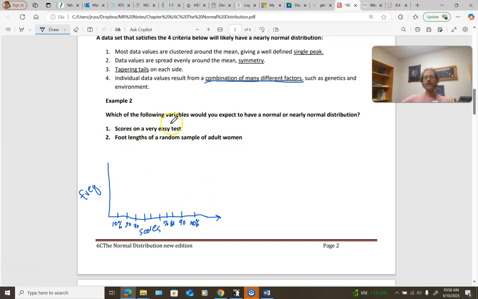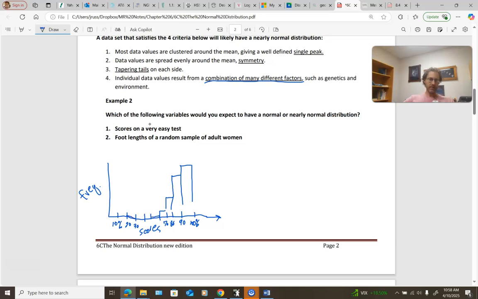And so if it's a very easy test, where are most of the scores going to lie? Well, if it's an easy test, you would expect most of the students to score high on it. So a histogram might look like this. Most of the scores might be in the A's, and then if it's real easy, you'd still have quite a few B's, but then these lower grades would become increasingly rare. There'd hardly be any D's and then hardly any F's.